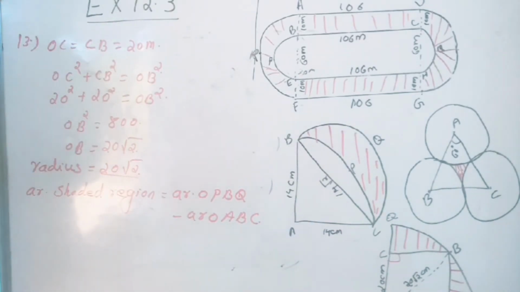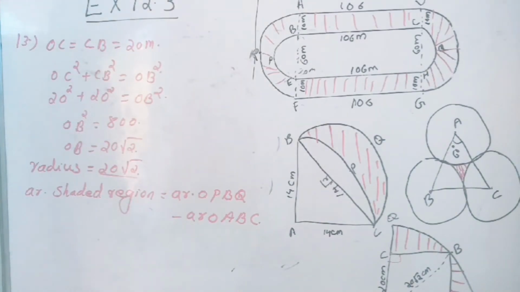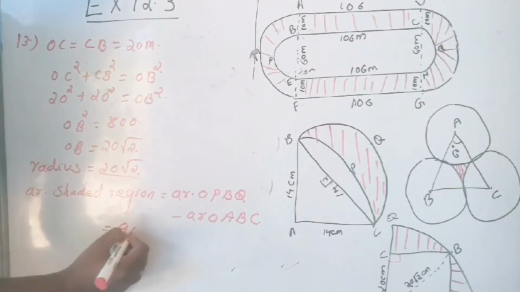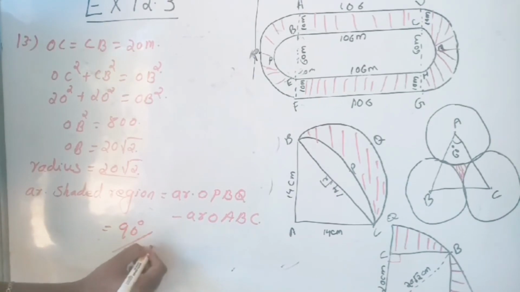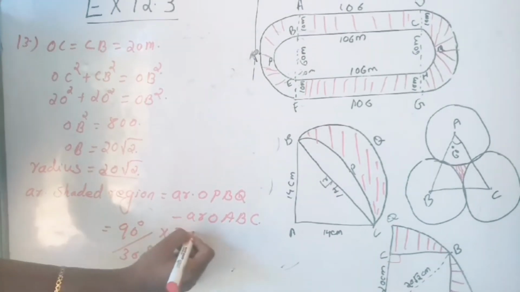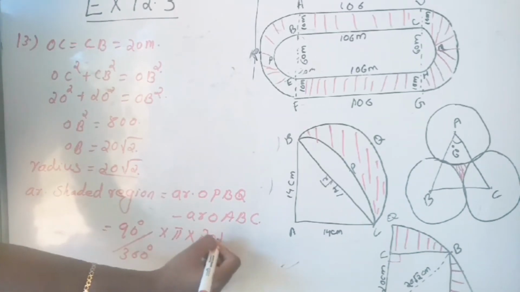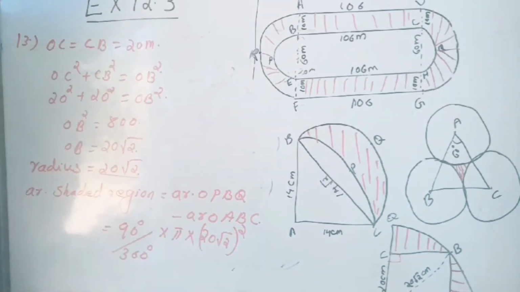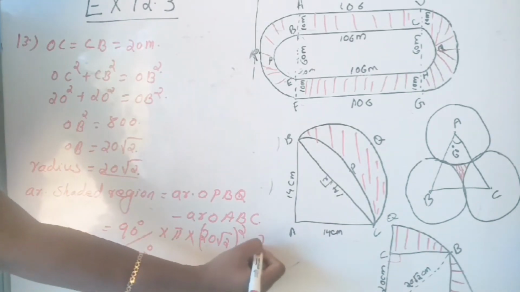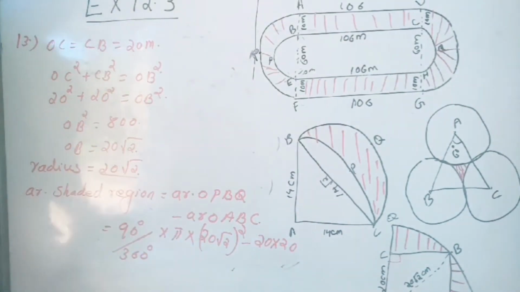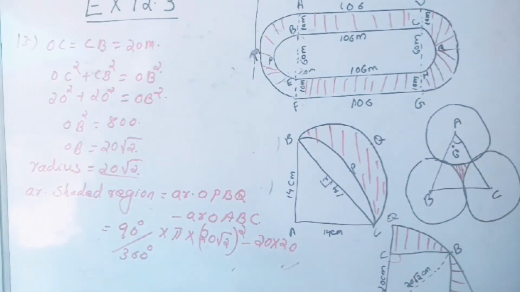OPBQ is a quadrant, and we know that a quadrant subtends angle 90 degree. So this is equal to theta divided by 360 degree into pi r square, with r as 20 root 2 all square, minus 20 into 20. The area of a square is side square, 20 into 20.